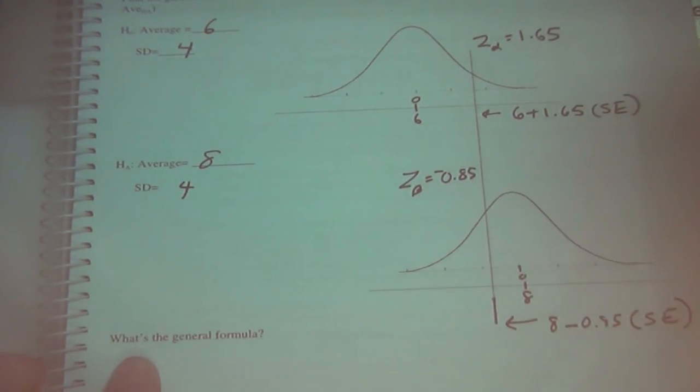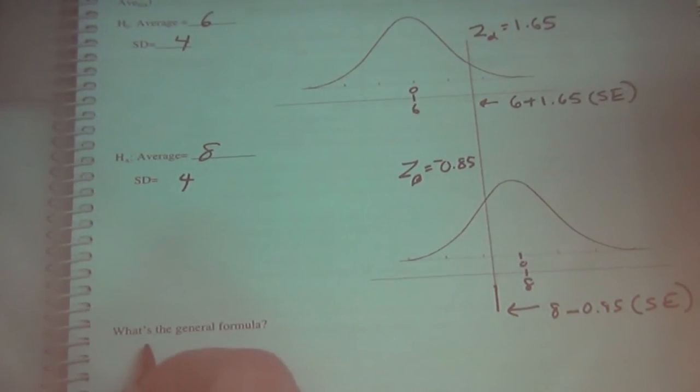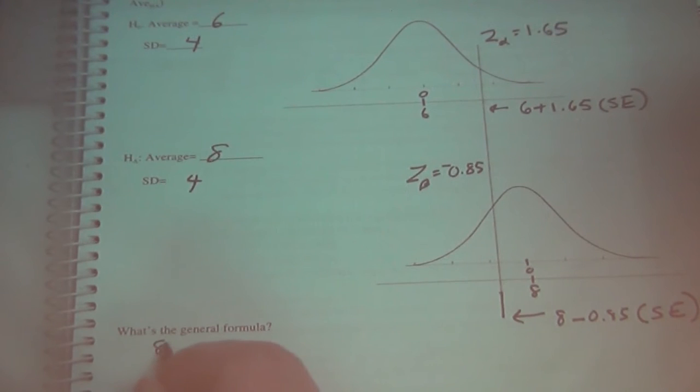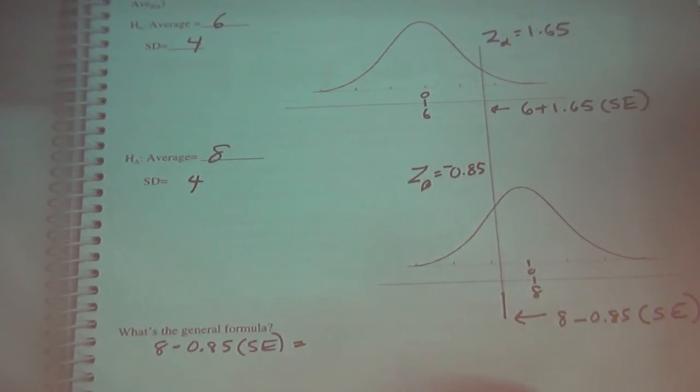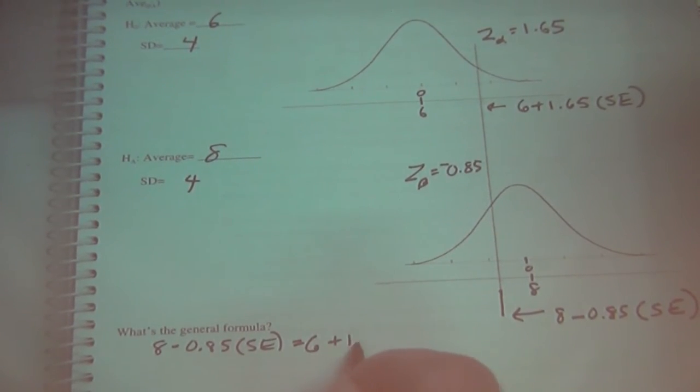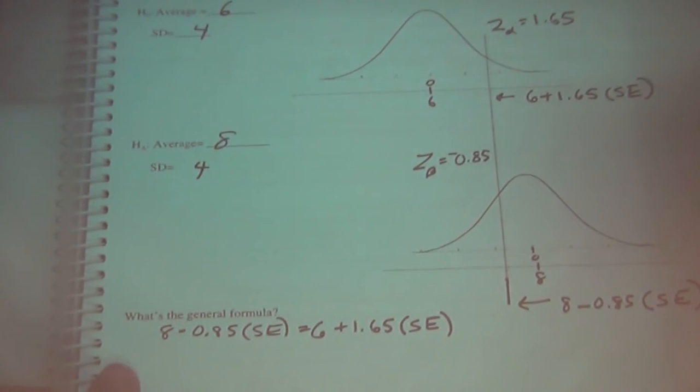We're just going to set those two equal. So we have 8 minus 0.85 standard errors, that's equal to 6 plus 1.65 standard errors. Correct?